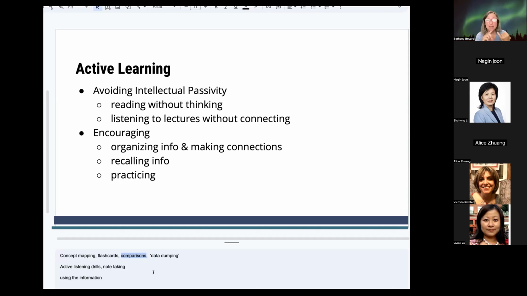And then teaching them how to be active listeners and active note takers, especially in the target language as much as possible. Every time they're taking notes, if they run across a word that they've already learned, they write that down in the target language rather than in their native language. These are things that you can do for active learning.